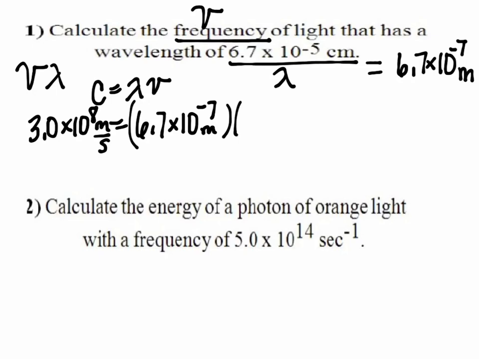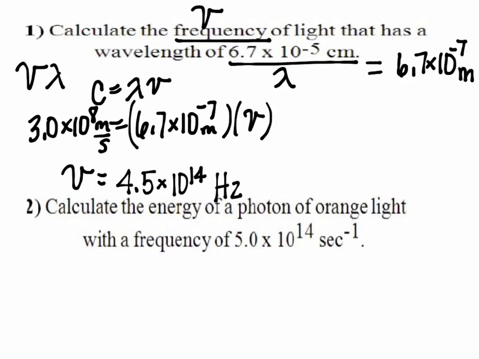And frequency is what we're looking for. So solve for frequency. Get it to me in 2 sig figs. 4.5 times 10 to the 14th, and our unit is hertz. Or you could say 1 over second, or however you want to do it.